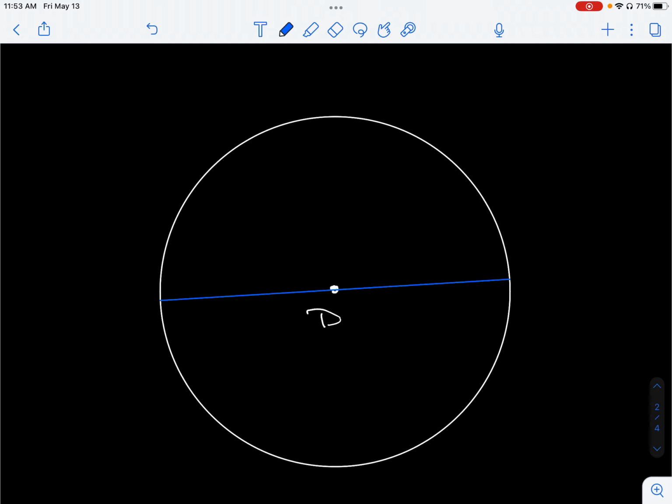So we're going to talk specifically about triangles right now. If we have a right triangle inscribed in a circle, then the hypotenuse is the diameter of the circle.